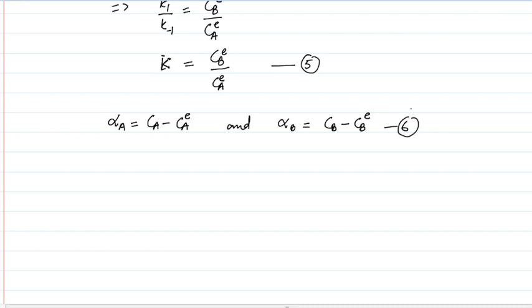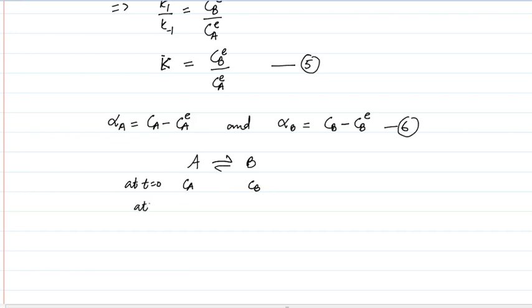Now suppose x moles of A react to give B, that means we have this equation A in equilibrium with B. At T is equal to 0, its initial concentration was Ca and for B its initial concentration was Cb.